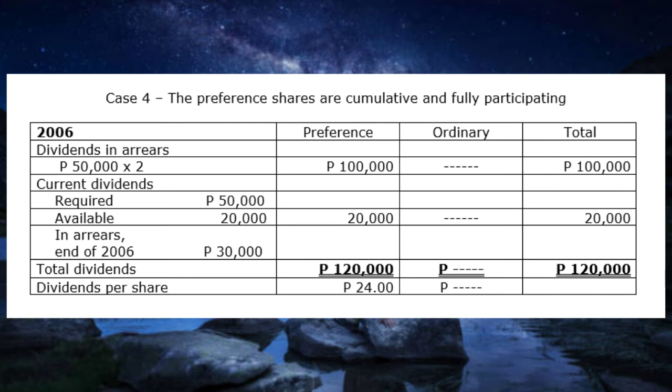Available: 20,000 pesos. Preference: 20,000 pesos. Total: 20,000 pesos. In arrears, end of 2006, is 30,000 pesos. Total dividends, preference: 120,000 pesos. Total of 120,000 pesos. Dividends per share: 24 pesos.